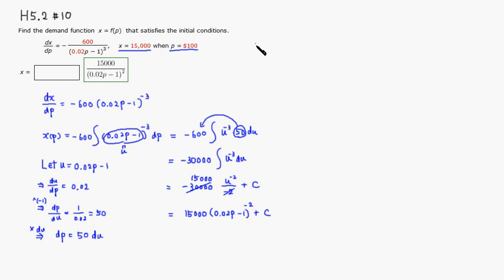Alright. Then we can use this initial condition: when p is equal to 100, x has to be 1500. So let's plug in p equals 100. So we look at x of 100, which is going to be 1500. Then you have plugging 100 in for p. So 0.02 times 100 is 2, minus 1 to the negative 2 power. But 2 minus 1 is 1. 1 to the negative 2 is still 1.